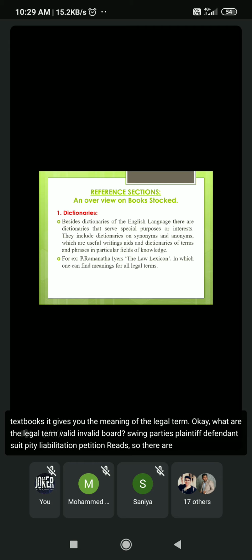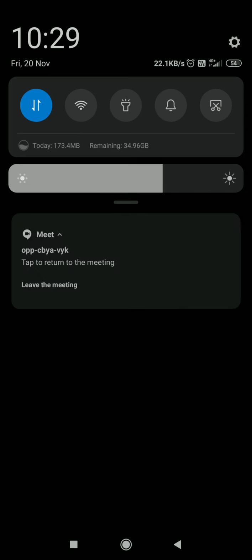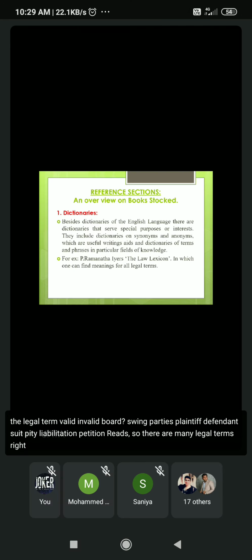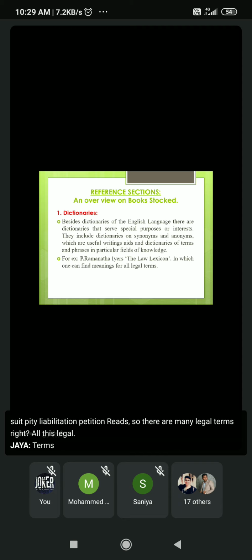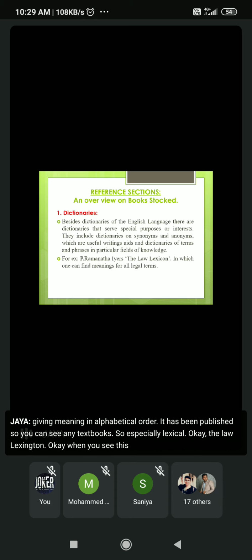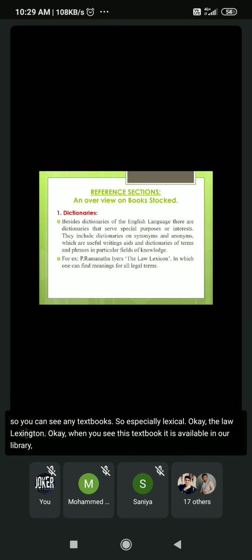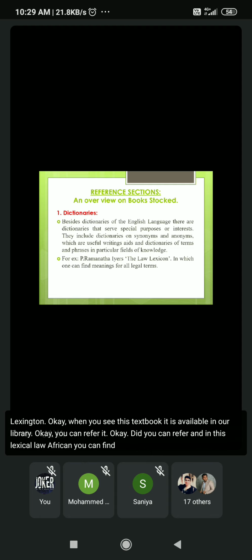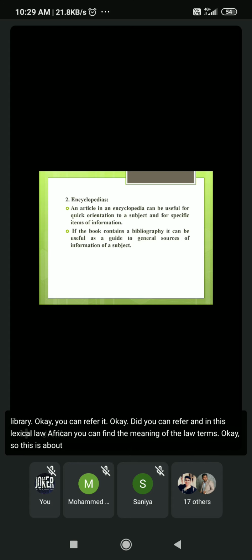There are many legal terms, right? All these legal terms are given meaning in the law lexicon. This textbook is available in our library, you can refer to it, and in the law lexicon you can find the meaning of the law terms. So this is about the dictionary.